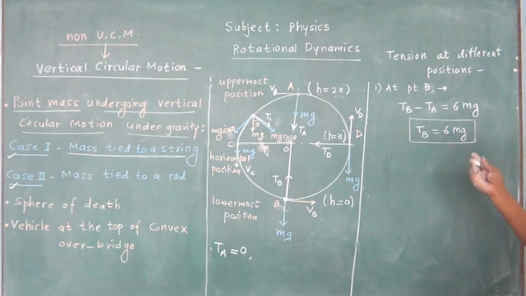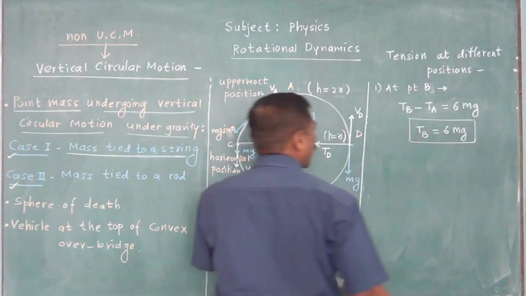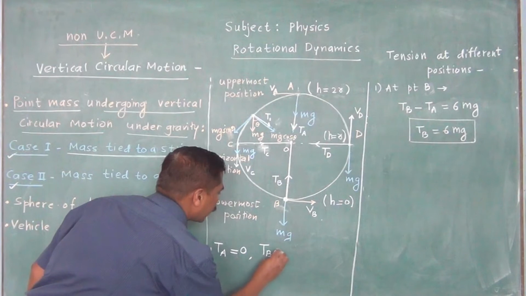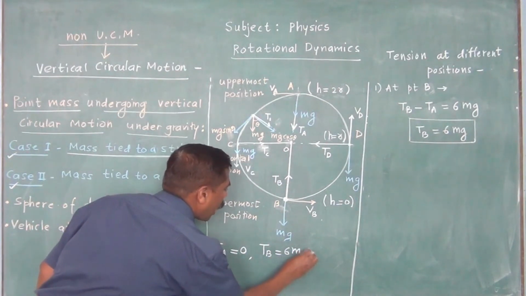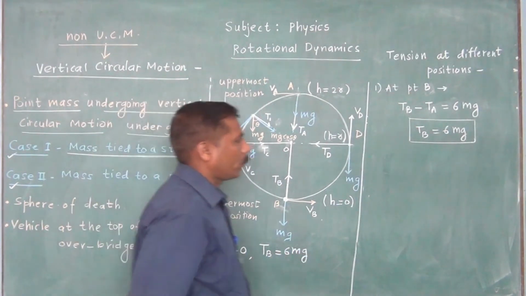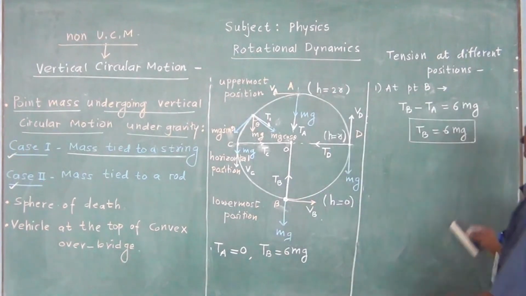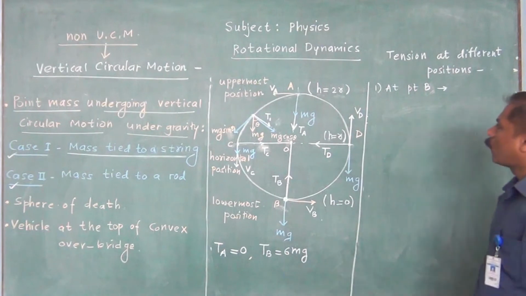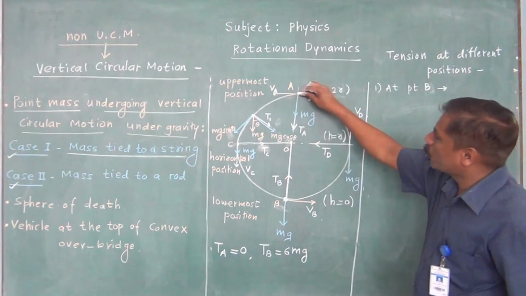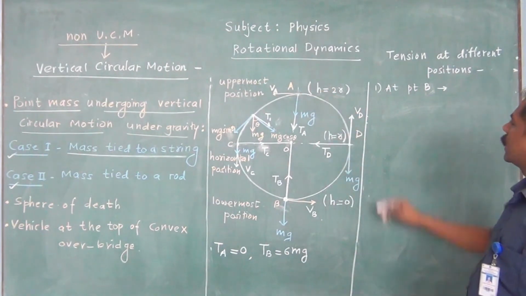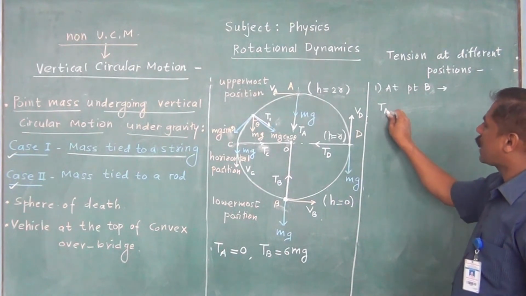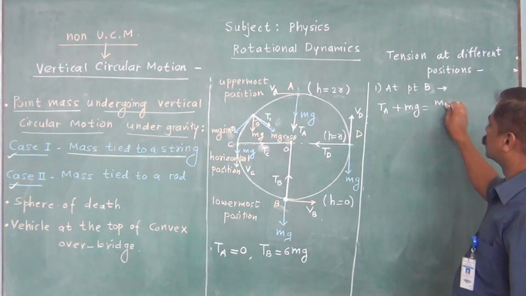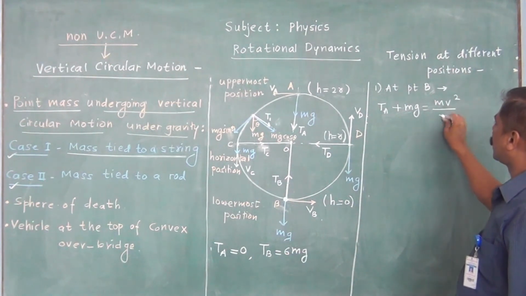But how can we say the tension at B is 6 times mg? We can explain how we get this value of the tension at B. For that, suppose we consider point A. You will get the relation: tension at A plus mg is equal to mv square upon r.